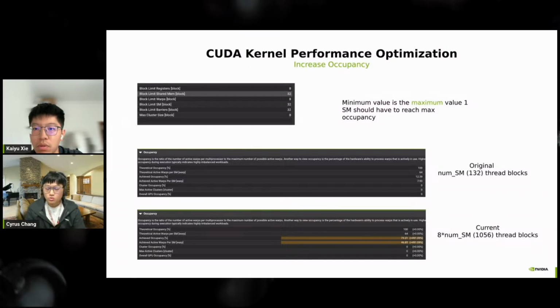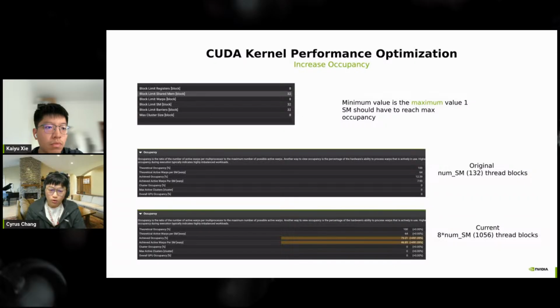In the original code, when launching the kernel, we were only launching the number of SMs, which is 132, thread blocks. But from this table, we know we should have 8 multiplied by the number of SMs, which is 1056 thread blocks.